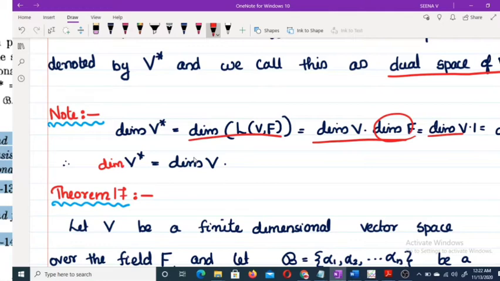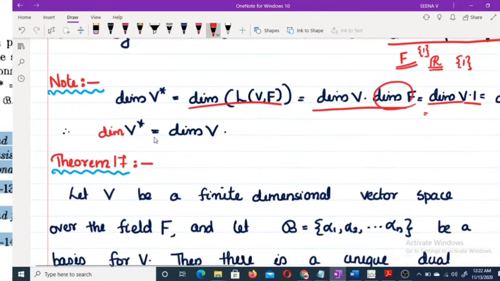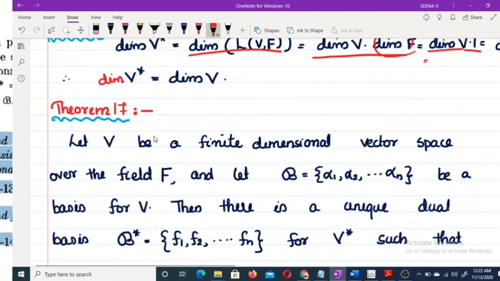If you consider R, what about the dimension of R? The singleton set {1} forms a basis. In general, for F, the singleton {1} forms a basis. Therefore the dimension of F is 1, so dimension of V into 1 is equal to dimension of V. This implies the dimension of V star equals the dimension of V.